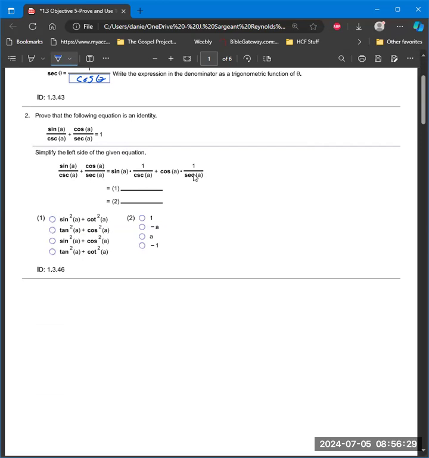So we want to say that this is sine times 1 over cosecant, which is going to be sine squared, plus cosine times 1 over secant, which is going to be cosine squared, and sine squared plus cosine squared equals 1. It is an identity.